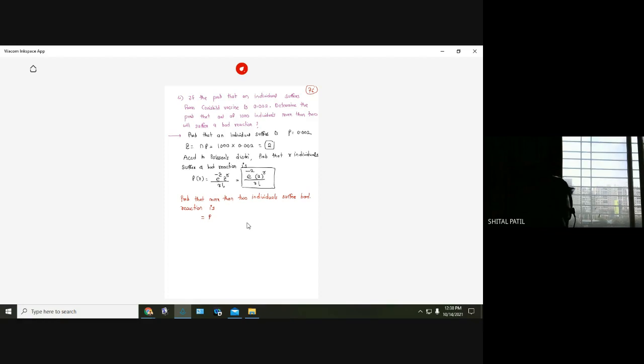More than two means two is not included. 3, 4, up to how many individuals are there? 1000. Which is not possible, so better you find this.